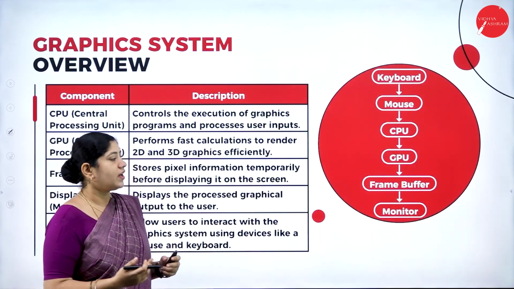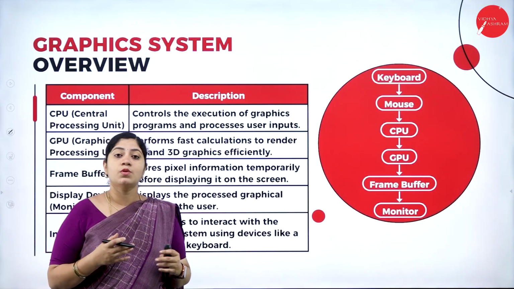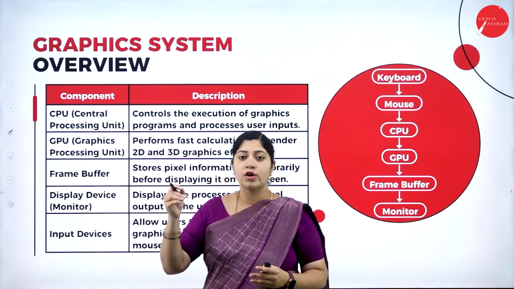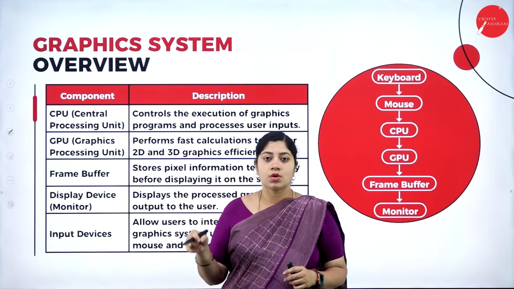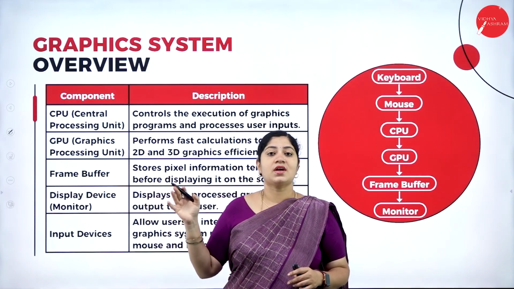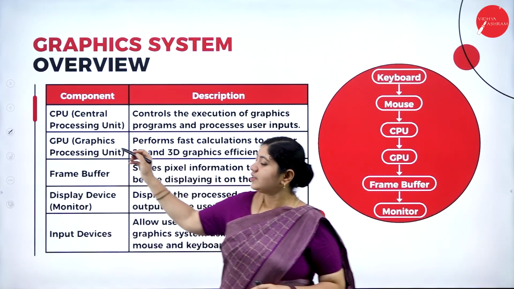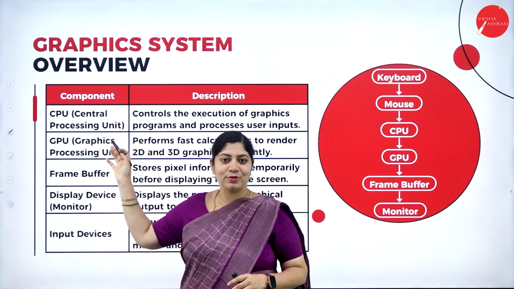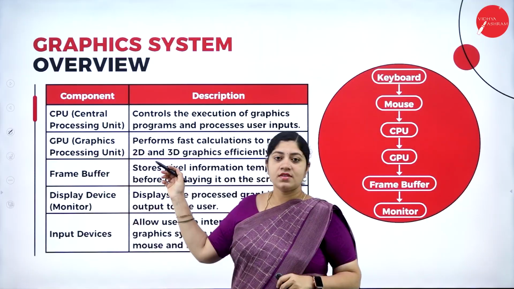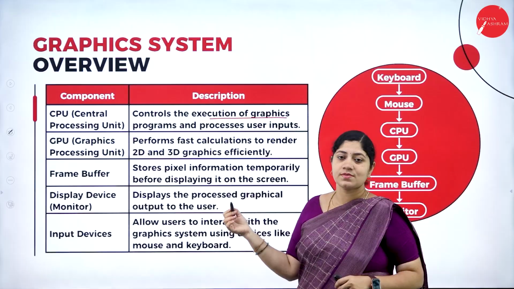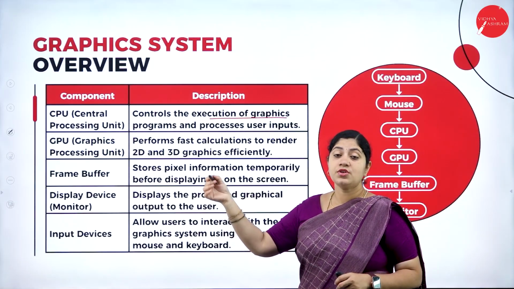Let's move forward and understand the overview of a computer graphic. In the sense, let's understand what are the components that are included in order to make the computer graphics work efficiently. So the first component is absolutely CPU, which is central processing unit. The CPU helps in controlling the execution of graphics programs, and it is used to process the user inputs.